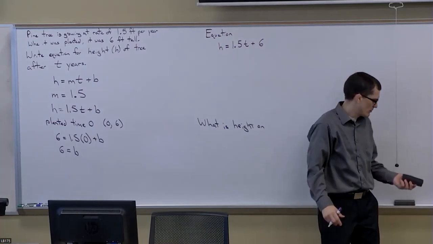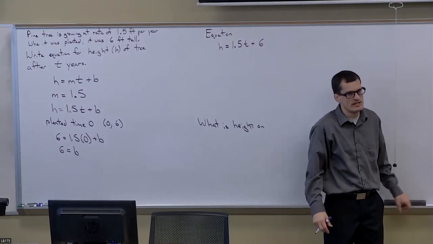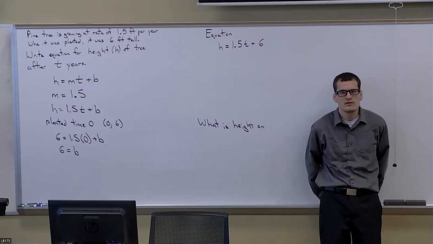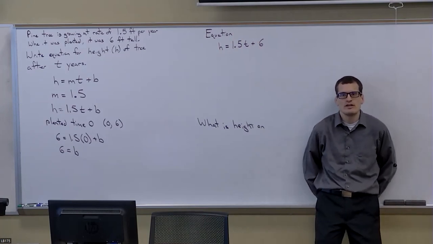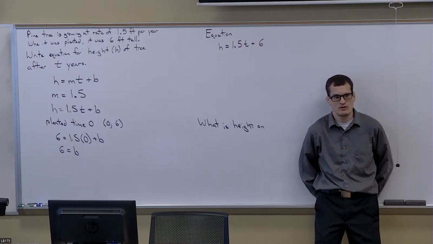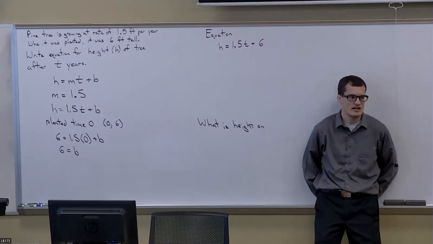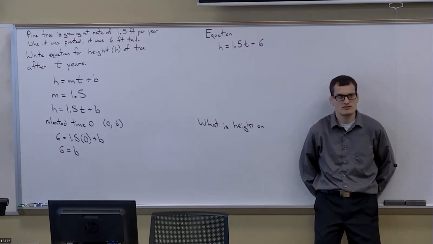Now, the one thing I will mention when you're writing these equations into Moodle is that you need to make sure that you use the variables that they use. So if they tell you to use variable h and t, and they're both lowercase, make sure you use lowercase h, lowercase t. If they're both uppercase, make sure you use uppercase.